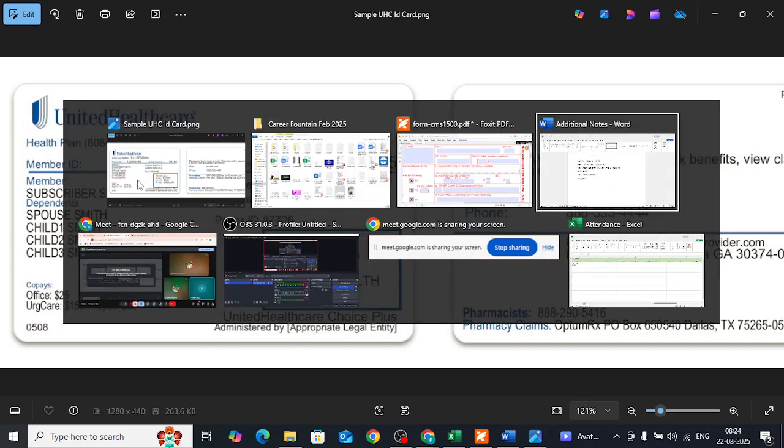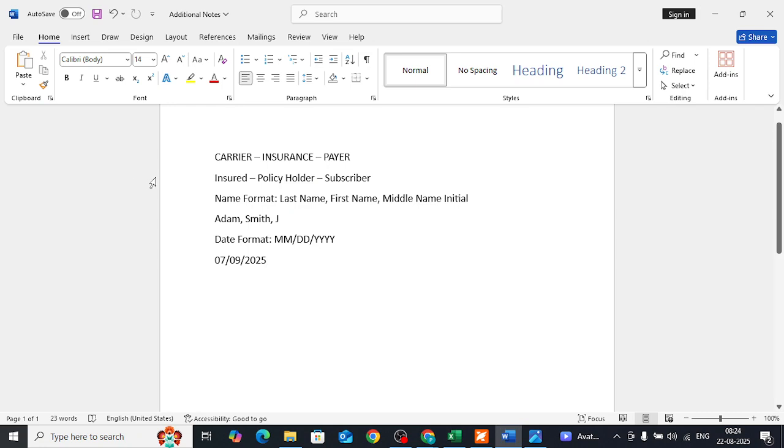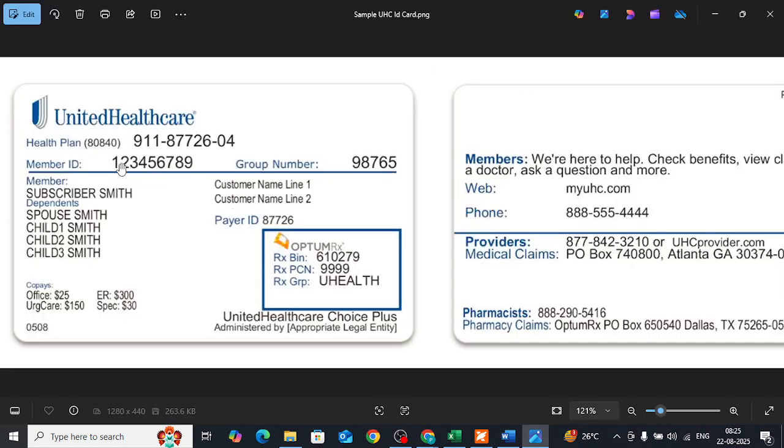So whenever you are calling, maybe you will face this. Some representative will ask you the member ID, some will ask you the policy ID, someone can ask you the subscriber ID. All are the same.